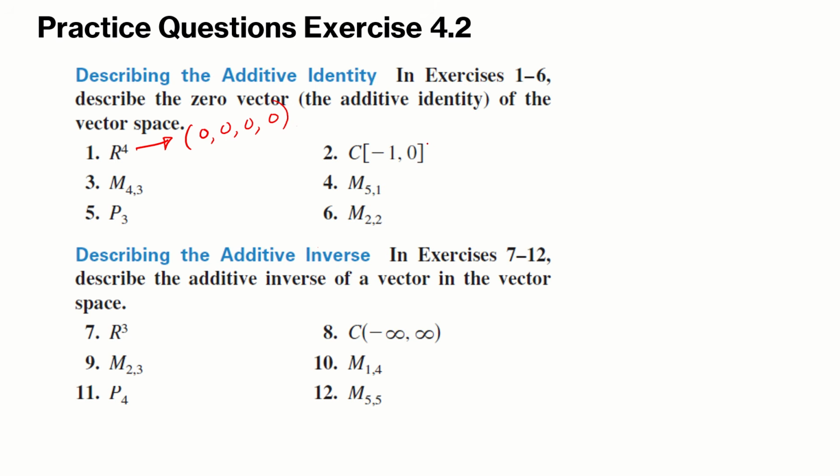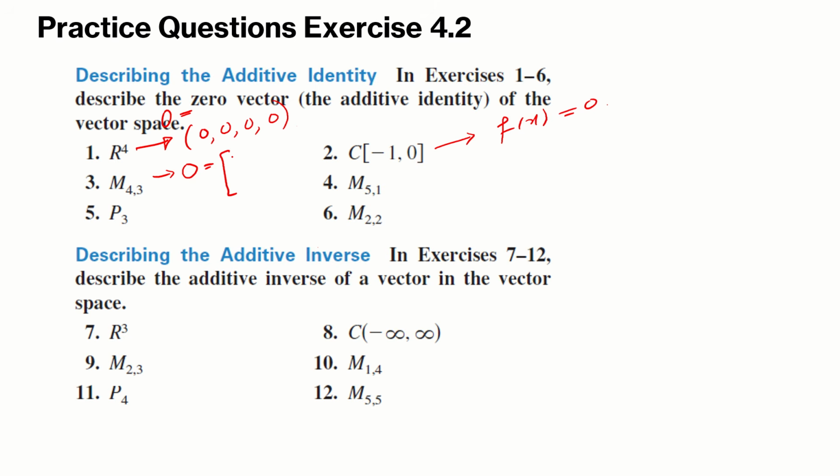In question 2, what is the zero vector? Just want to tell the zero additive identity, right? In this case, f of x is equal to 0 is the zero vector. M4 3 is a set of all matrices of order 4 3. So in this case 0 means, keeping in mind, जो अभी सवाल किसी ने पूछा था, यहाँ पे 0 का मतलब null matrix होगा.